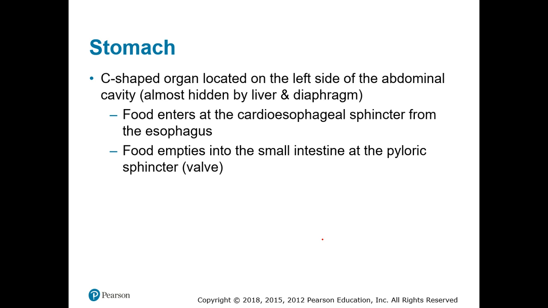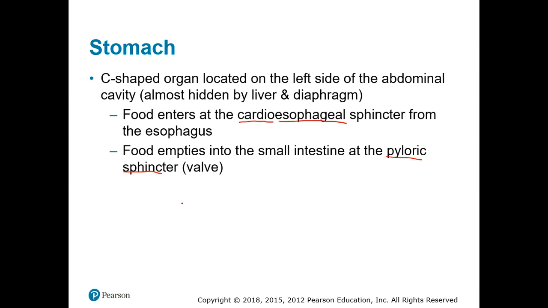So there are two important sphincters, also known as valves, that are part of the stomach. You have your cardio-esophageal sphincter. So cardio, it's up by the heart, it's near the top. Esophageal, it's where food enters from your esophagus. And where it empties is known as the pyloric sphincter or valve, and this empties into the small intestine. Now remember what we know about heart valves.